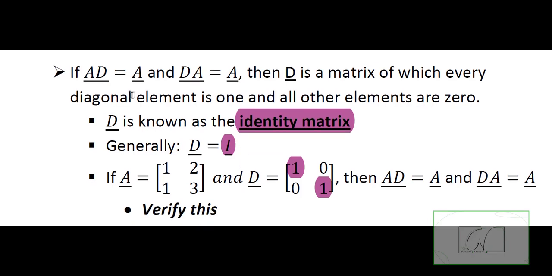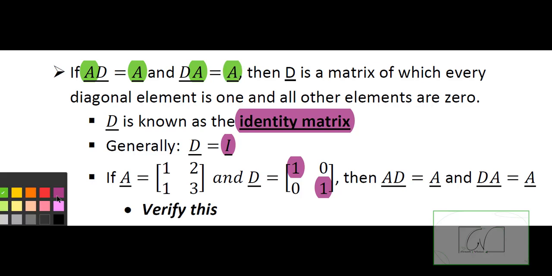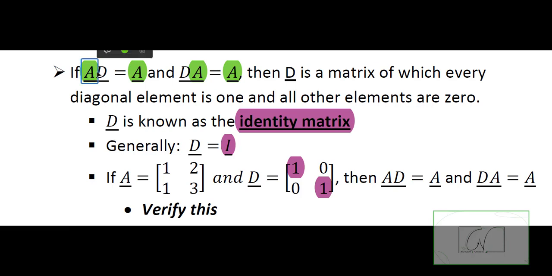So in this instance, if A is any matrix, and you multiply it by the identity, A will remain the same, because anything multiplied by 1 is itself. So in this instance, D is your identity matrix, but usually you would denote it using an I.